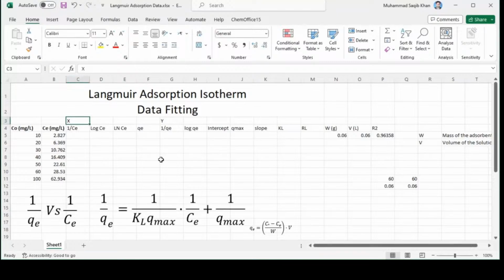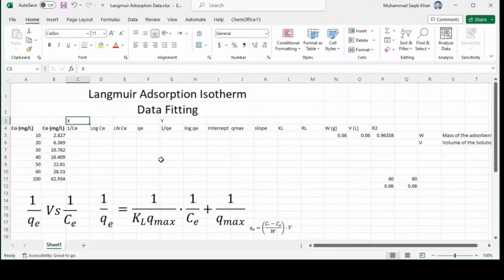If the RL value is less than 0, or negative, then the adsorption process is unfavorable. If it is between 0 and 1, then the adsorption process is favorable. And if the RL value is more than 1, then the process is irreversible.